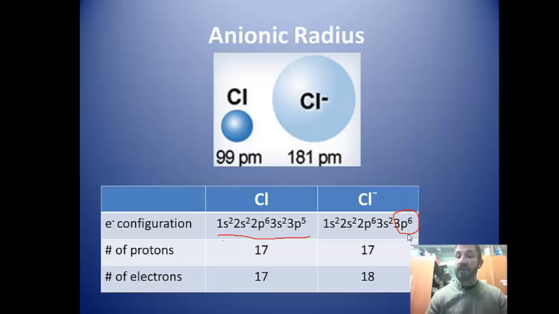Now it's got a full outer level. But what happens here is we have the same number of protons, but in the anion we actually have more electrons. So we have the same number of protons pulling in more electrons, which gives you a bigger atom. So for the anion, the ionic radius will always be bigger than the neutral atom.